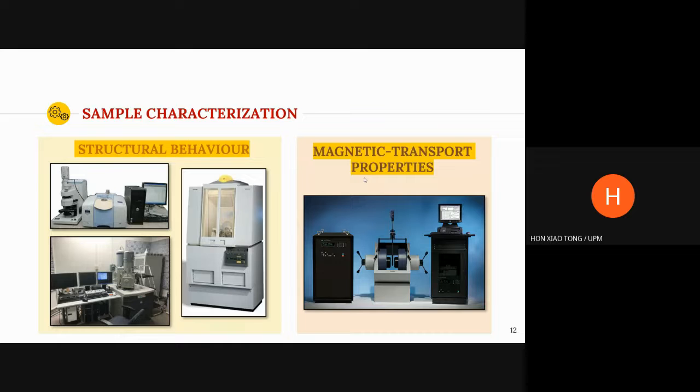And next, for my sample characterization, the structural behavior will be determined using FTIR, Fourier transform infrared spectroscopy, and XRD, X-ray diffraction, and also the FESEM, field emission scanning electron microscope. And my electrical and magnetic transport properties will be identified using the Hall effect measurement system.